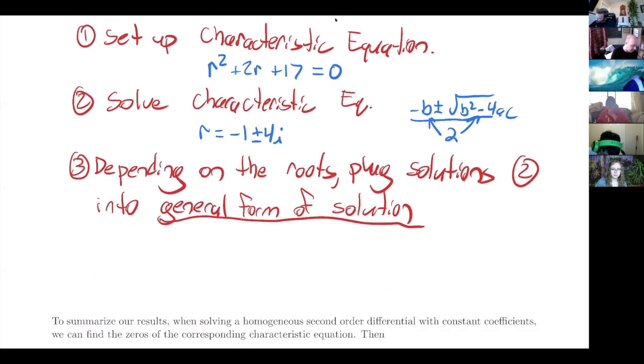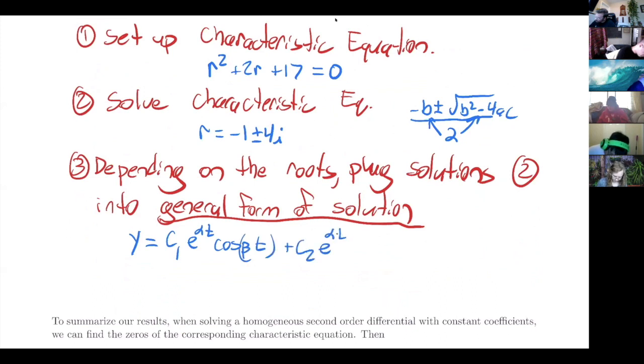Okay, and then the idea here is, I've got complex solutions, so now I know that that should go into something that looks like this. So my value for alpha is -1. It does matter that that's negative.